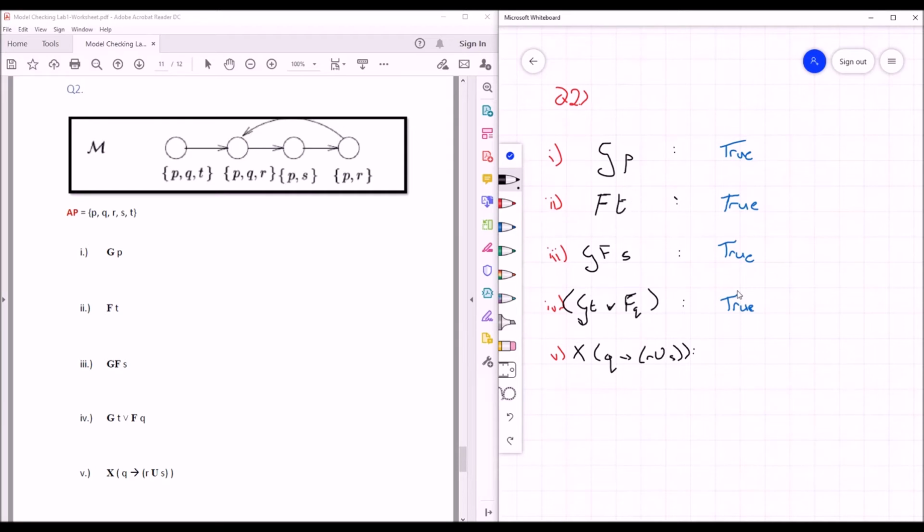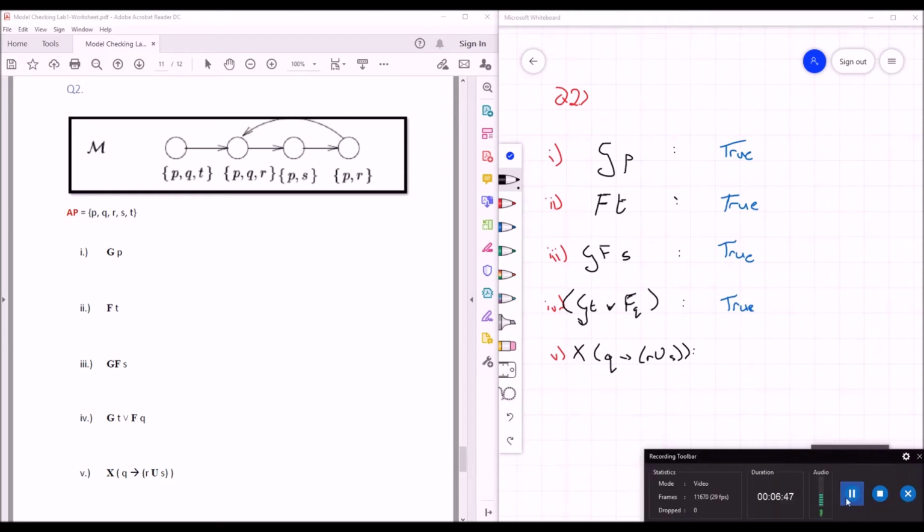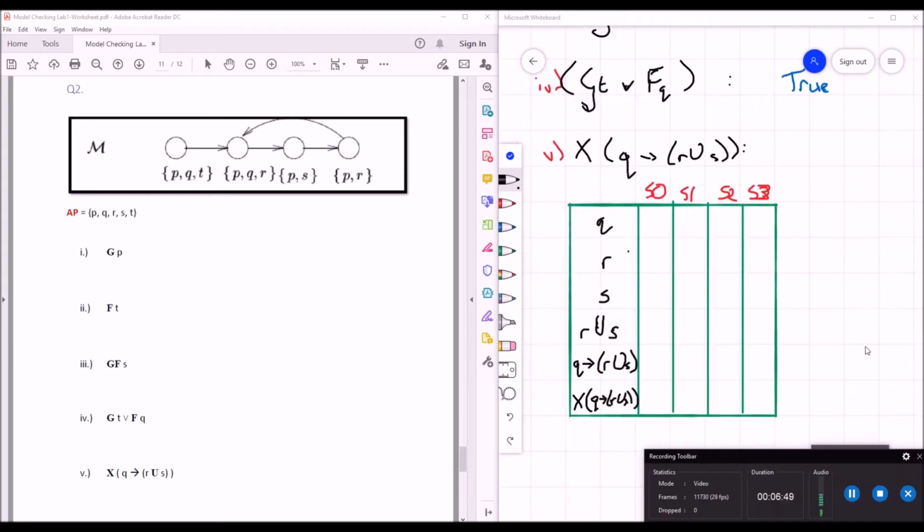So, you may be looking at how do we go about solving this type of question. And I'll pause now because I have to draw a table. Okay, so let's take this step by step. So we have 3 atomic propositions here.